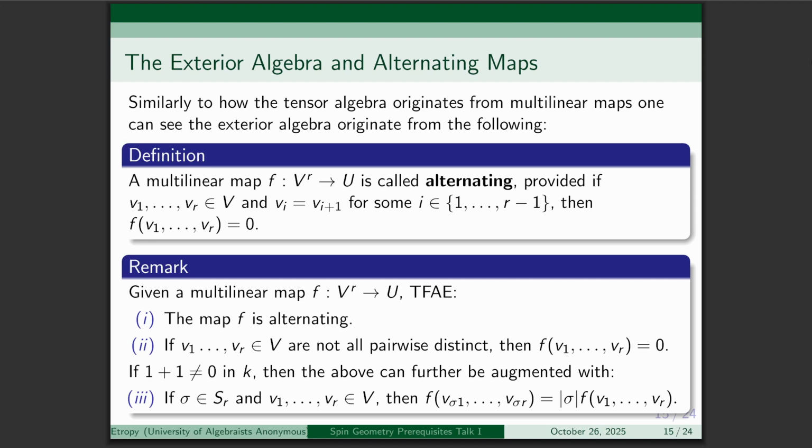If the parity is even, we call the permutation even and set its sign, denoted sign of sigma, to 1, and otherwise we call it odd and set the sign to -1. You can check that if your characteristic is not 2, being alternating is equivalent to having this sign switch whenever you switch two vectors. Each time you switch 2, the sign switches once. So in general, a permutation switches as many times as the sign changes, so the signature of the permutation.